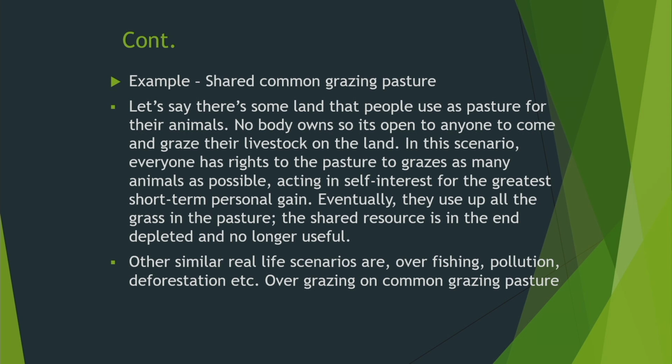Nobody owns it, so it is open to anyone to come and graze their livestock on the land. In this scenario, everyone has the right to graze as many animals as possible, acting in self-interest for the greatest short-term personal gain. Eventually they use up all the grass in the pasture, and the shared resource is depleted, no longer useful, or has become barren.